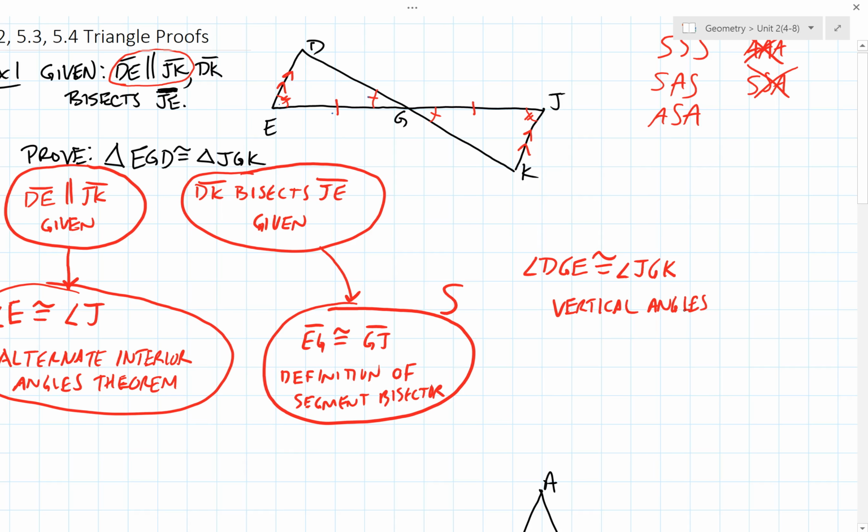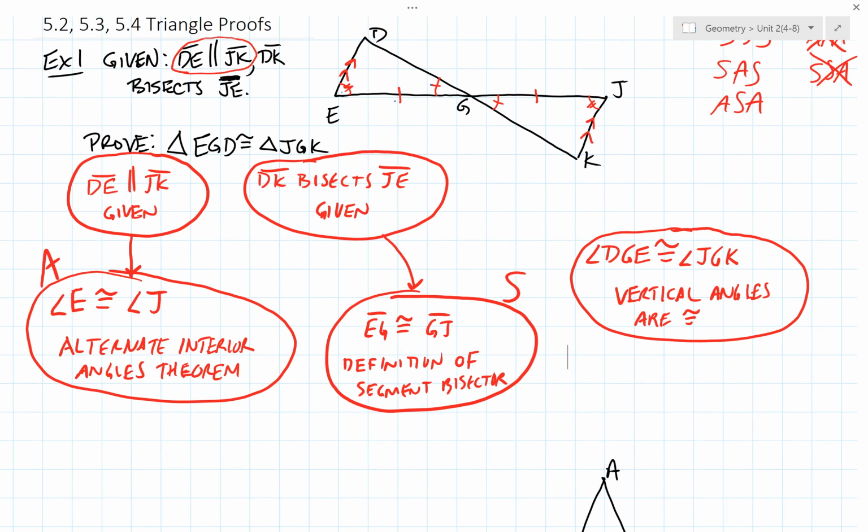So you could just say vertical angles are congruent, or you could say the vertical angles theorem or the vertical angles postulate. Something to indicate that those angles are congruent because they are vertical angles. And notice that there's nothing pointing to that. There was nothing else that led us to that fact. That's just always true of vertical angles.